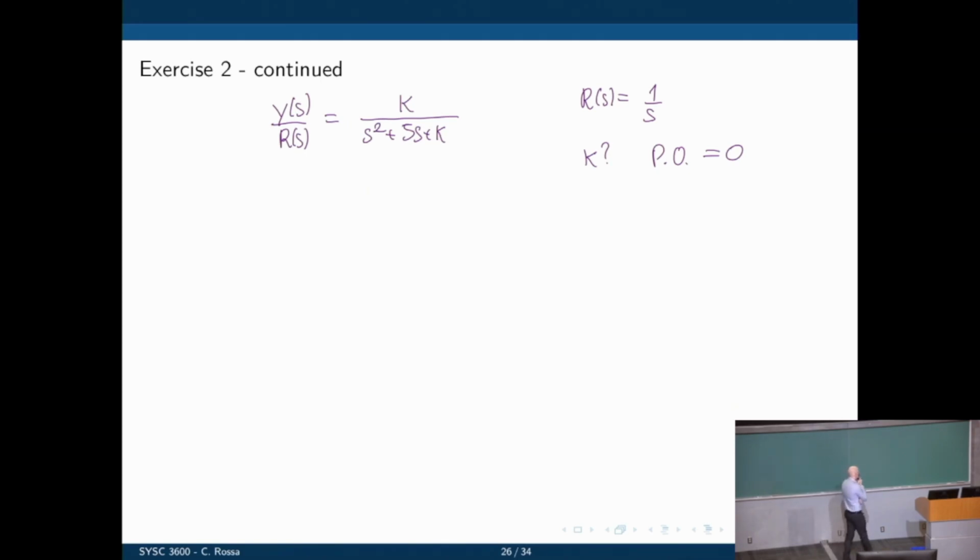The question is saying, determine the value of k that results in no overshoot. So I could simply do PO equals 100 exponential of minus zeta pi divided by square root of 1 minus zeta squared, and equate this to 0, right?